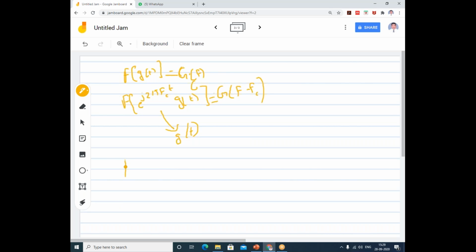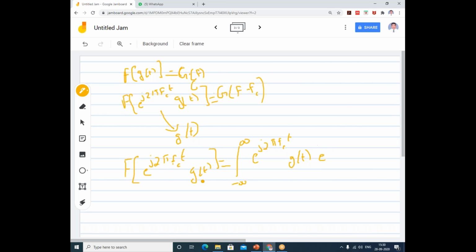So from the basics of Fourier transform, the Fourier transform of e power j2 pi fct into g of t, I can write as the integral from minus infinity to plus infinity of e power j2 pi fct g of t.